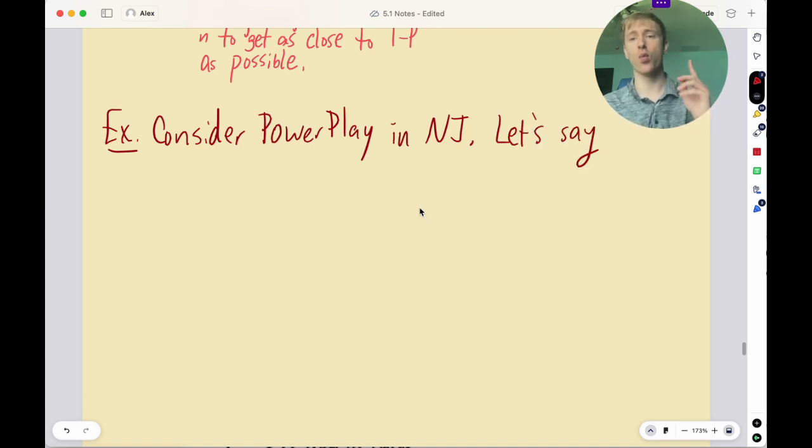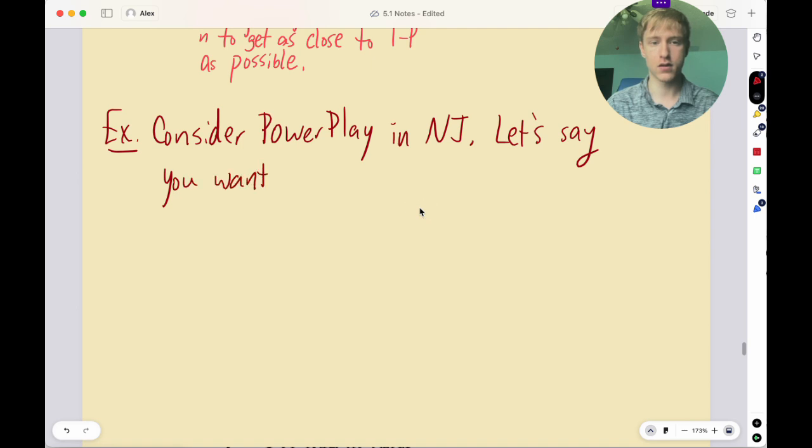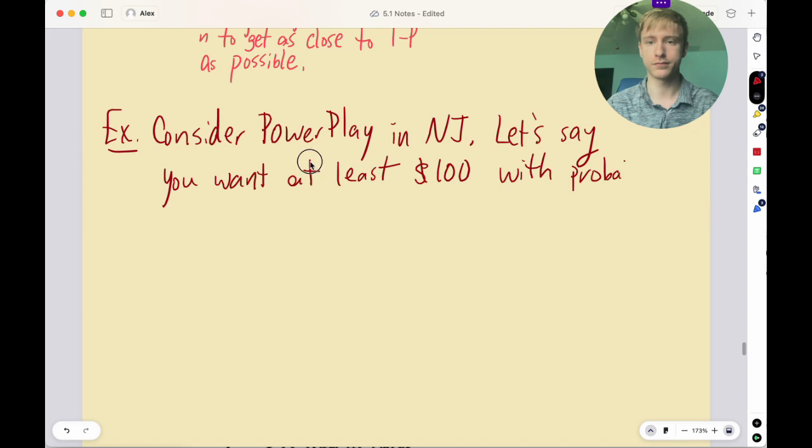Because they don't just have one grand prize, they have a lot of smaller prizes, let's say I want at least $100. So let's say you want at least $100 with probability big P equals 90%.